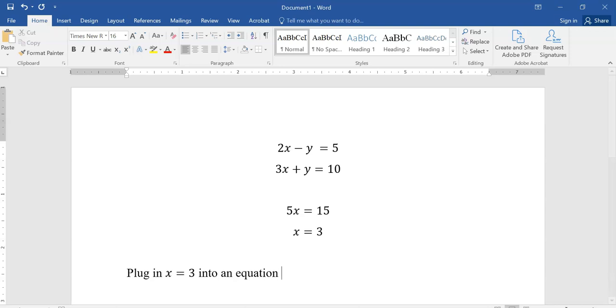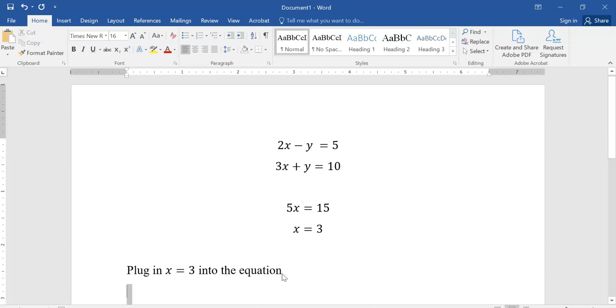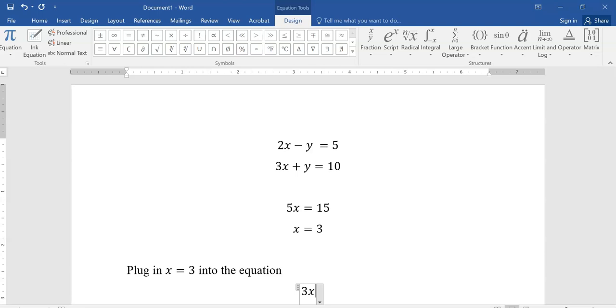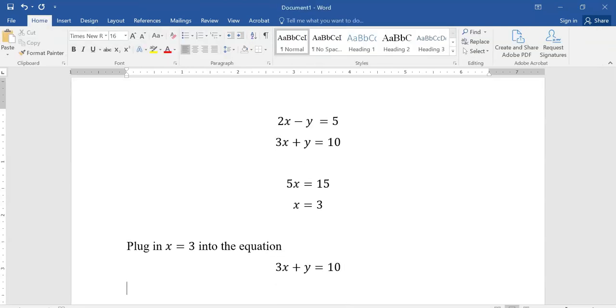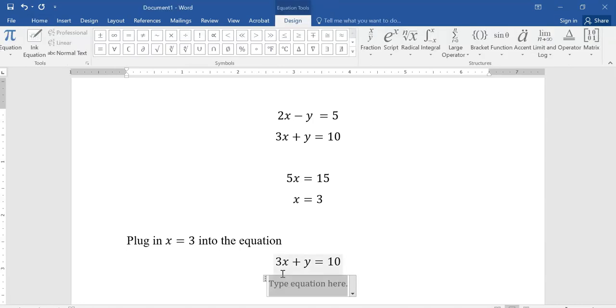So we're going to plug it into, let's say, the equation 3x plus y equals 10. So what we're going to do is go 3 times 3 plus y, set that equal to 10.